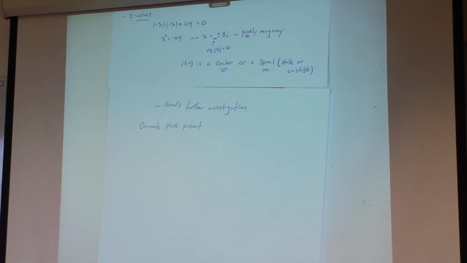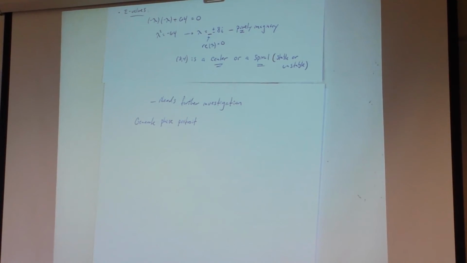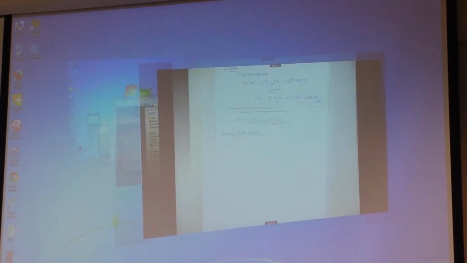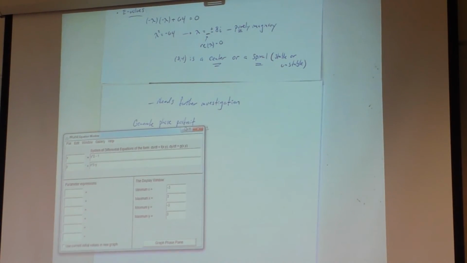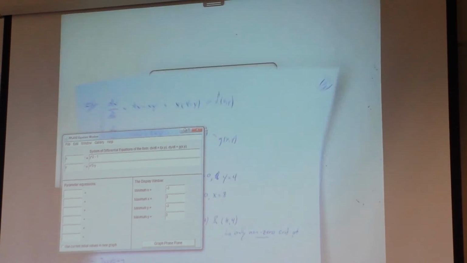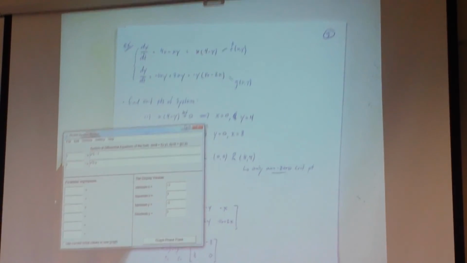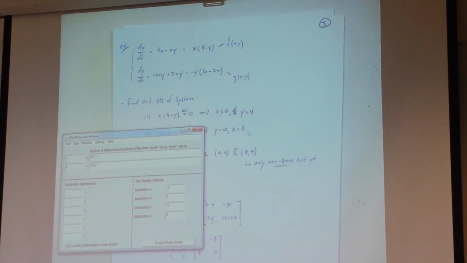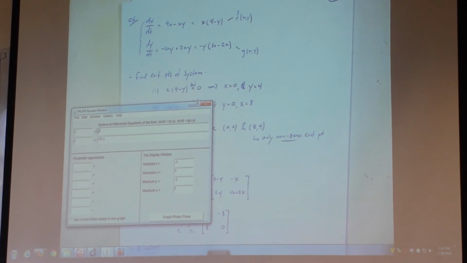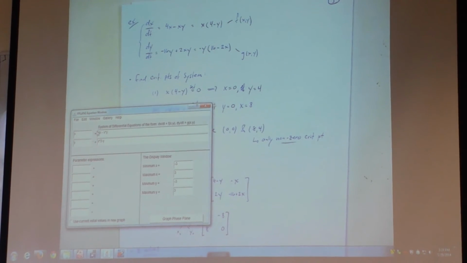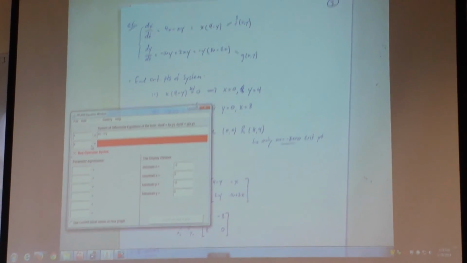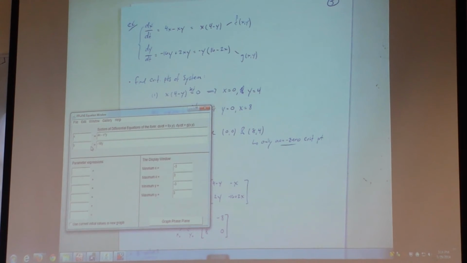Phase diagram. Okay. So let's take a look. Let's put this system in there. There we go. So the original equations right here, 4x minus x times y, and negative 16y plus 2x times y.